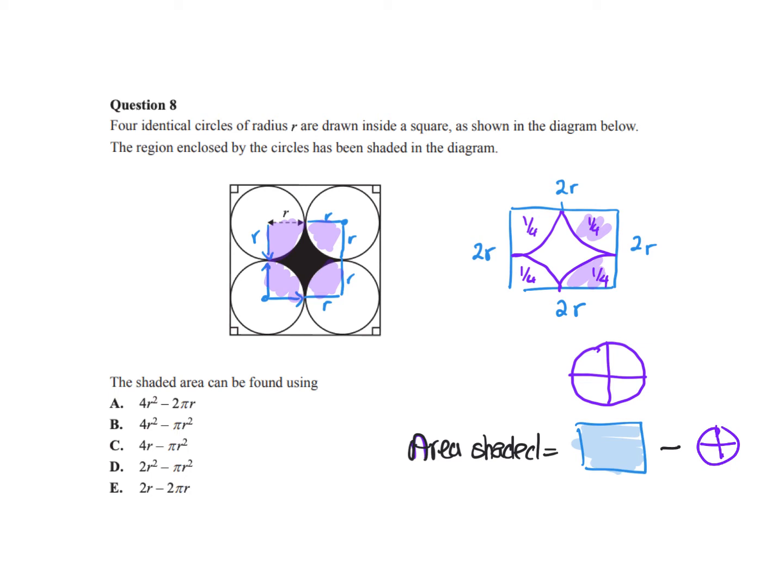So I can just say that's pi r squared, because that's the area of a circle. And then how do you find the area of a square? You just times it by each other, so it's 2r times 2r, which gives 4r squared, minus pi r squared. Is that an answer? B. Sweet. And that is the answer.